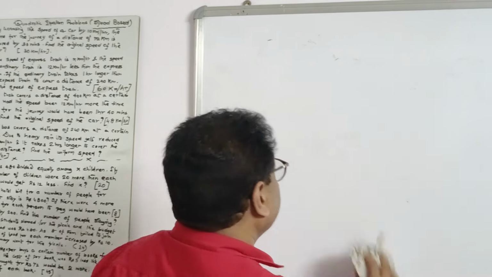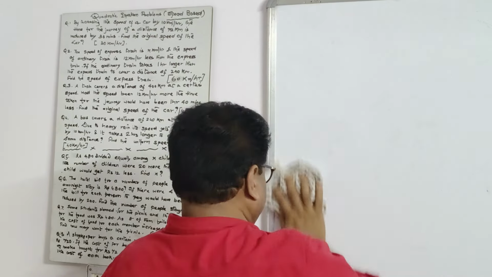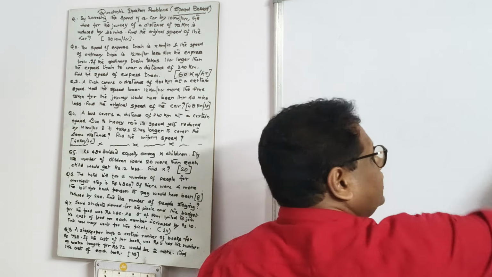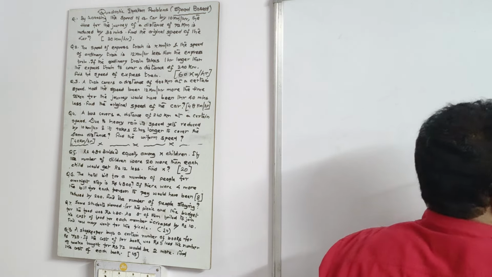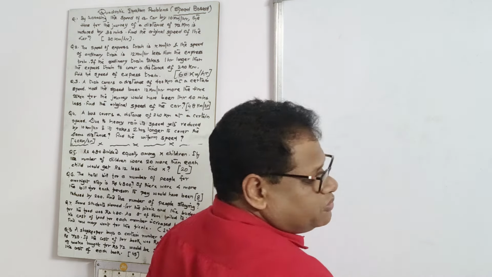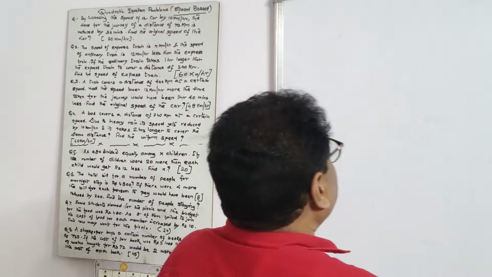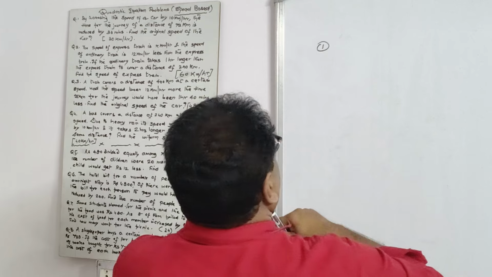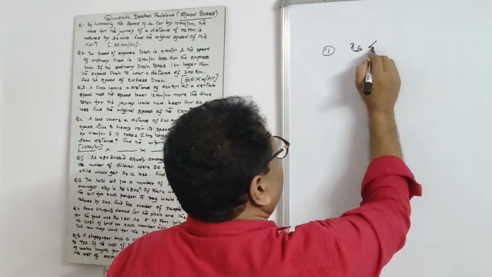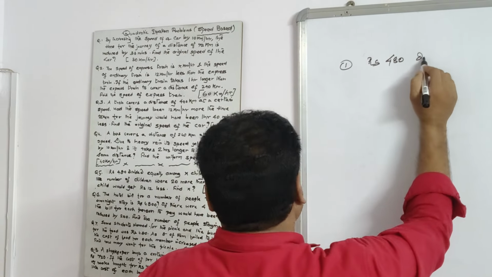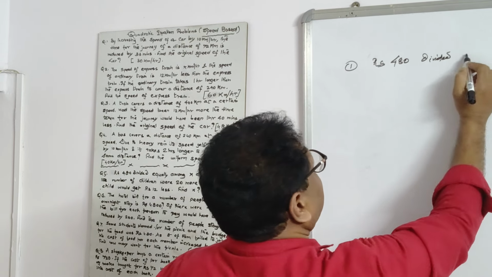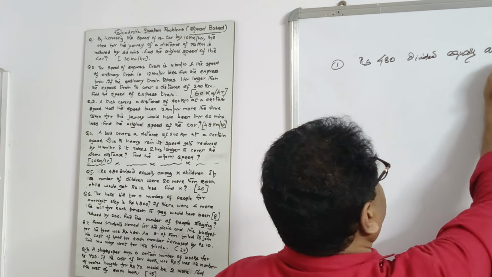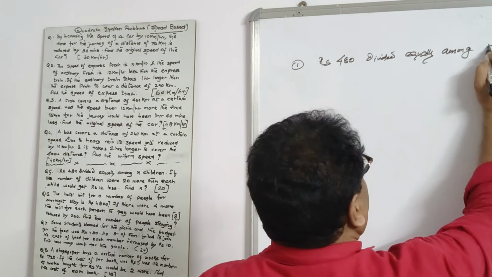Now see, we are going to discuss the same pattern of questions. As we solved the questions based on speed, we are going to solve questions based on the same pattern. Suppose a question is there: rupees 480 divided equally among x children.